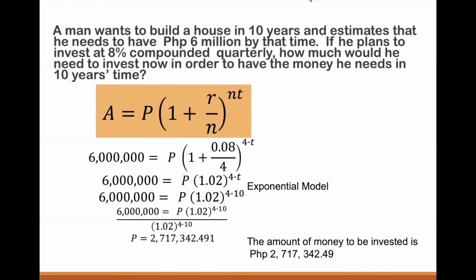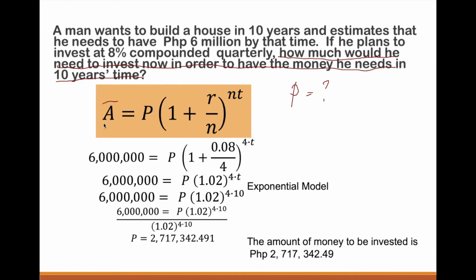So, checking the given question, how much would he need to invest in order to have the money he needs in 10 years time? So as you can see here, we're looking for the amount that he needs to deposit for him to get 6 million.